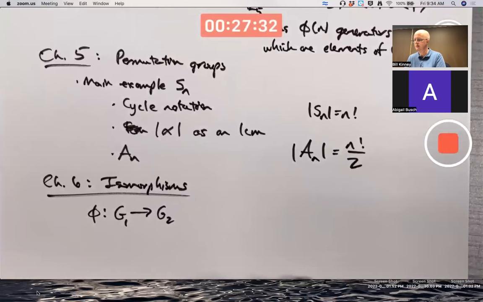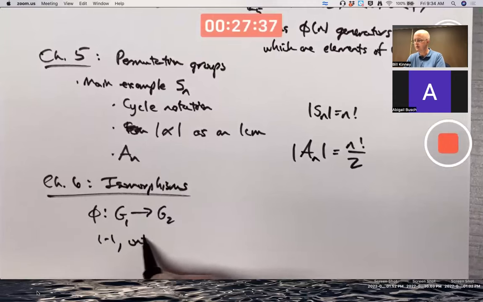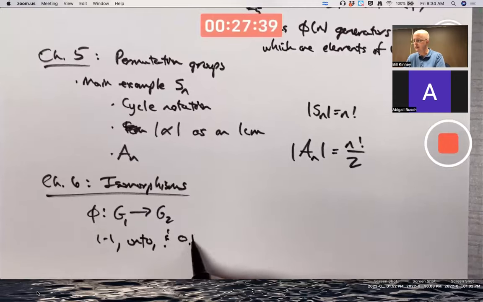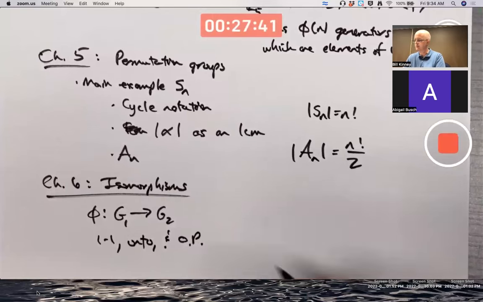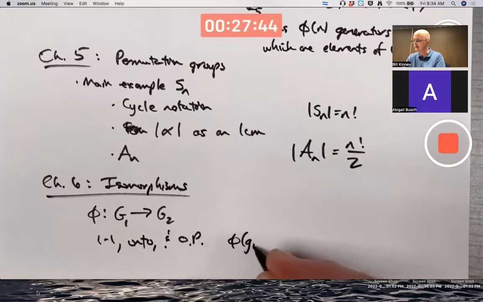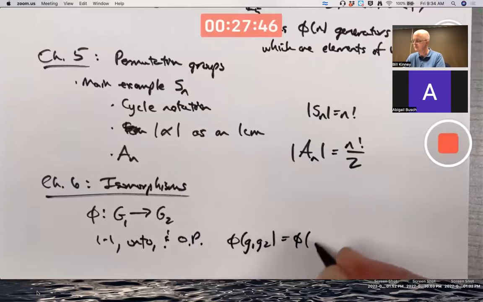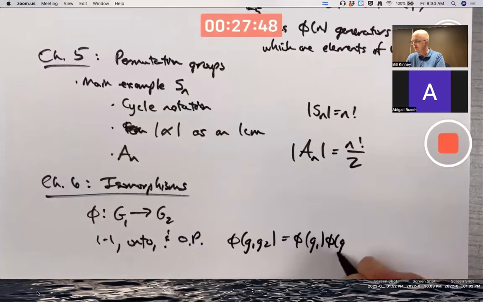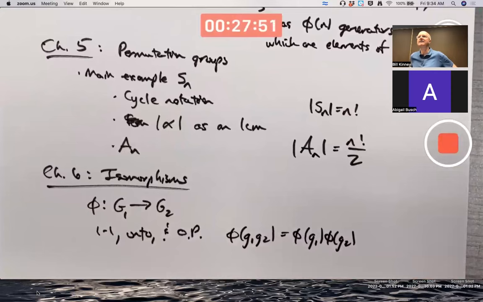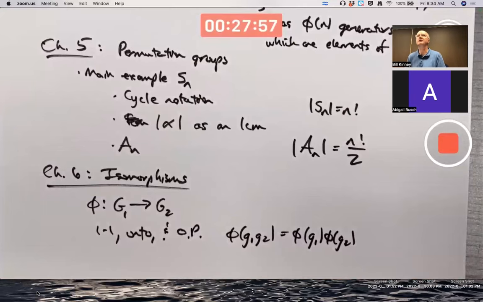Isomorphisms by definition from a group to another group are one-to-one, onto, and OP, operation preserving. In the abstract, you'd write that like this. There's a bunch of properties that isomorphisms satisfy. They preserve all group theoretic properties between G1 and G2. When there exists an isomorphism between G1 and G2, we think of G1 and G2 as being the same group, up to isomorphism, if you want to add an extra phrase.